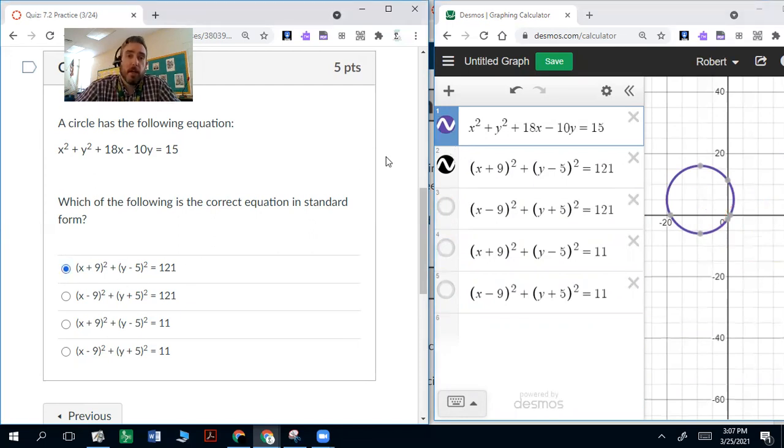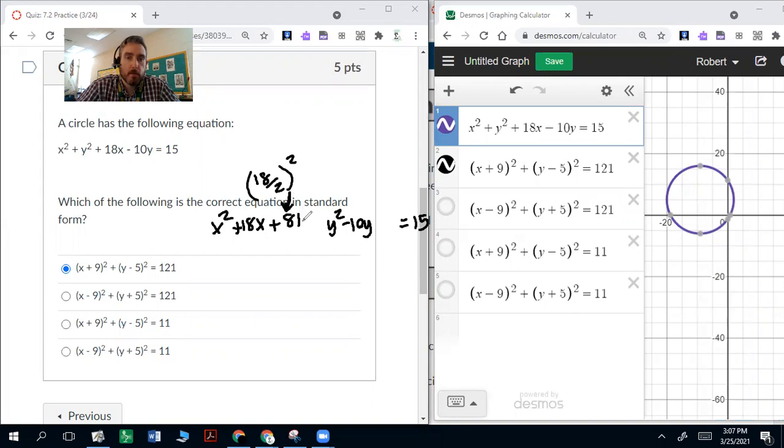Now, what can you do to figure that out by hand? Well, you can first start by saying, well, let's just complete the square. It's easier that way. So we do x squared plus 18x and y squared minus 10y, and then we got equals 15. Completing the square, you're going to do 18 divided by 2, 9. 9 squared, 81. 10 divided by 2, 5. 5 squared, 25.